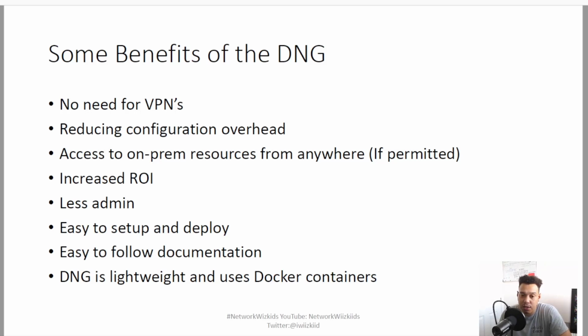For instance, you don't have to have VPN termination points at your corporate office or branch offices, wherever they may be, or even in the DC, to terminate those VPN connections before users that need access to internal resources can actually access them.